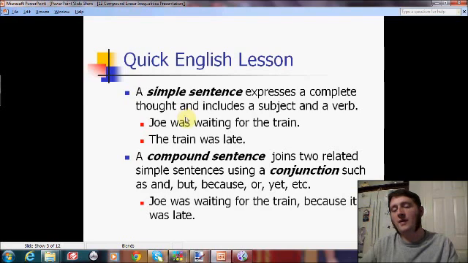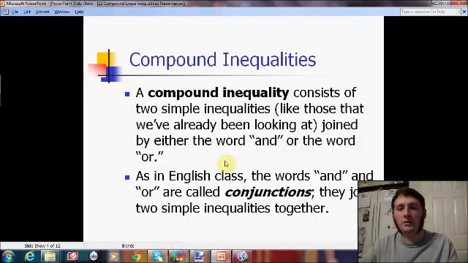So if that's how simple sentences get combined to make compound sentences, you might be thinking correctly that we're going to combine simple inequalities to get compound inequalities. And sure enough, compound inequalities are two simple inequalities glued together with the word and or the word or.